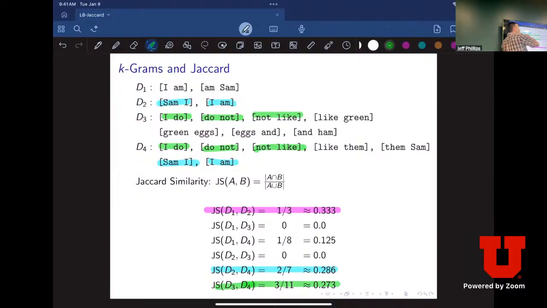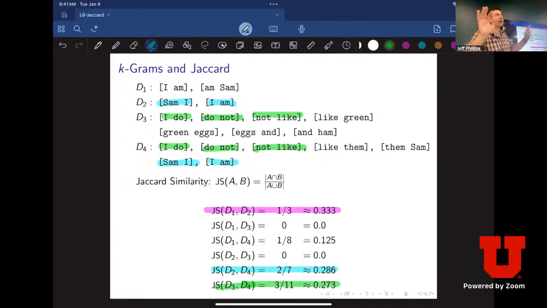I keep track of how many new things I see. If I see them in both, then I increment the counter for the intersection. Every time I move one or both forward, I increment the counter for the union. I have to sort them, but I can do that ahead of time. Then it's linear scanning.